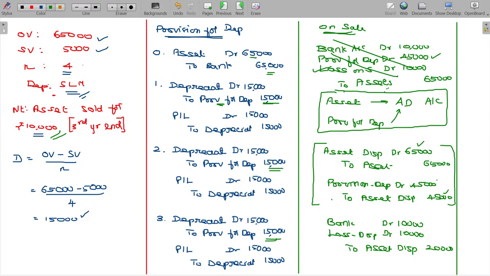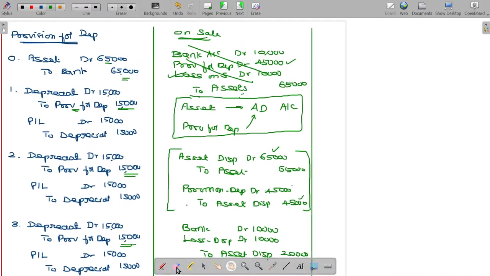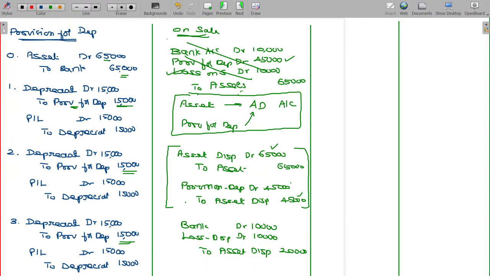When creating the ledger for this, we have one new book: a ledger account called asset disposal will be created, and we will pass through it. Let's now try that one also. For the journal entry, here I skip the depreciation expense. I will open only the asset account, provision for depreciation account and asset disposal account, these three accounts, and show.